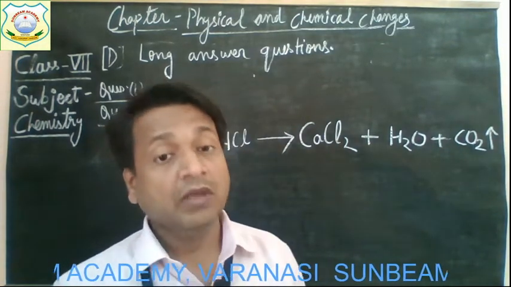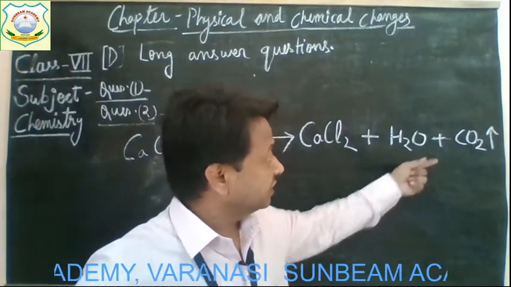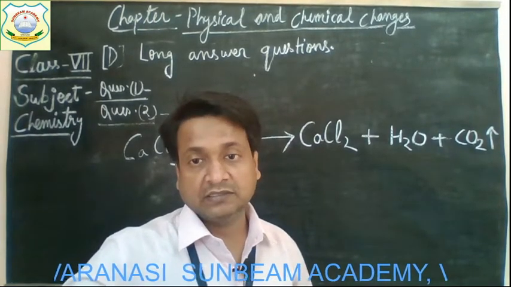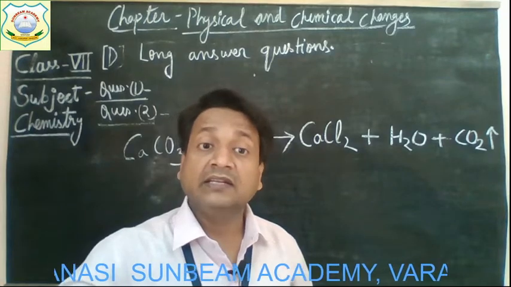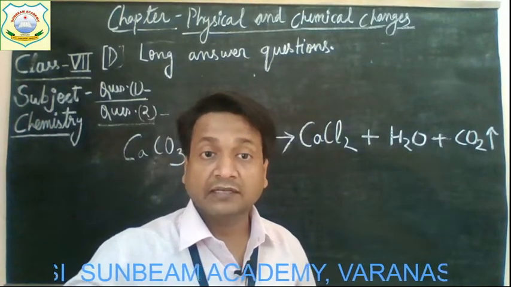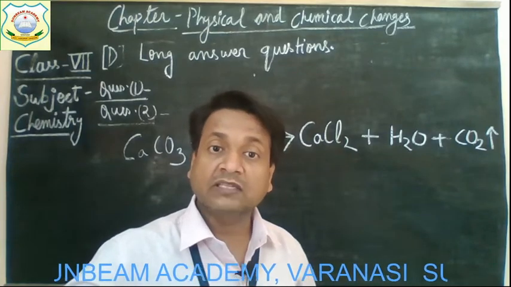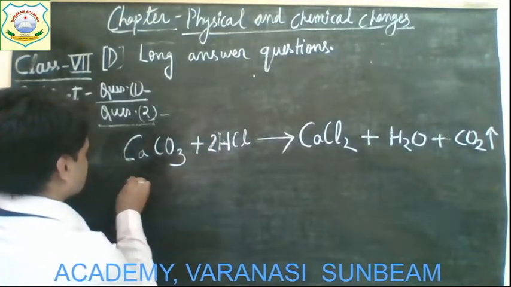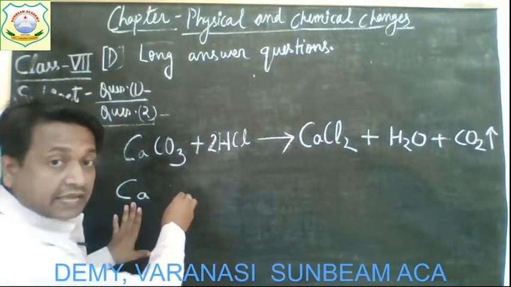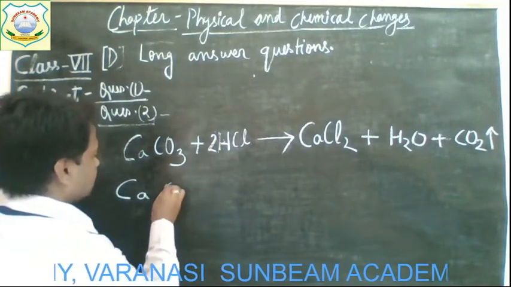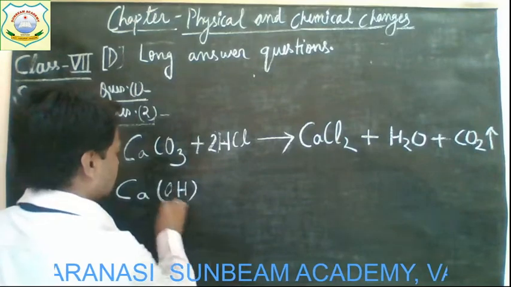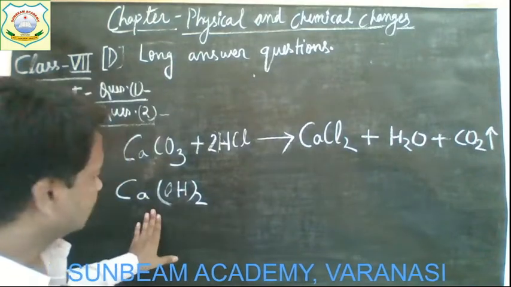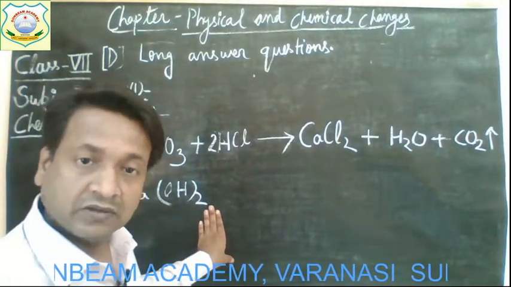Now, we can test the gas which is given out here by passing it through transparent lime water. It turns milky white after passing carbon dioxide in it, and the reaction can be written as calcium hydroxide. The formula of calcium hydroxide is Ca(OH)2.